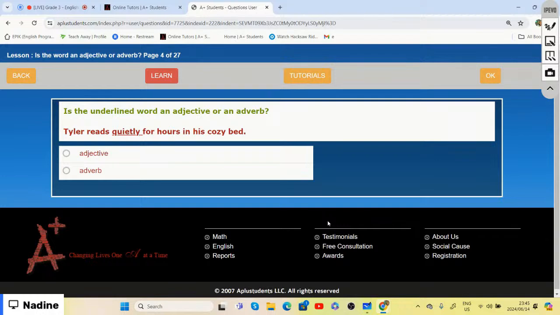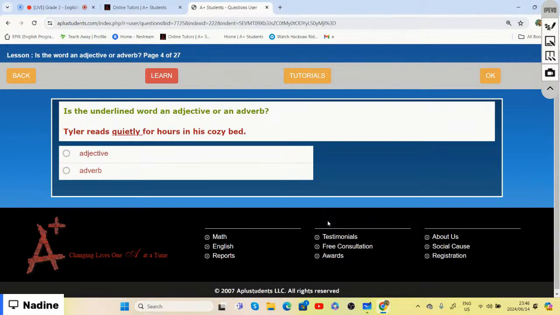Is that an adjective or is it an adverb? Reads.